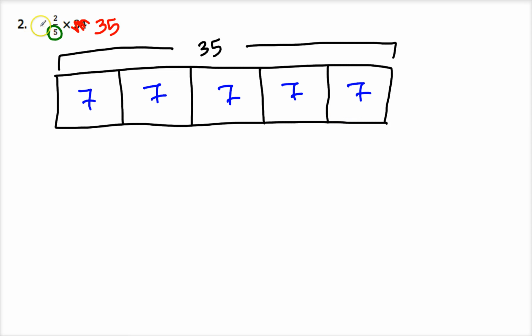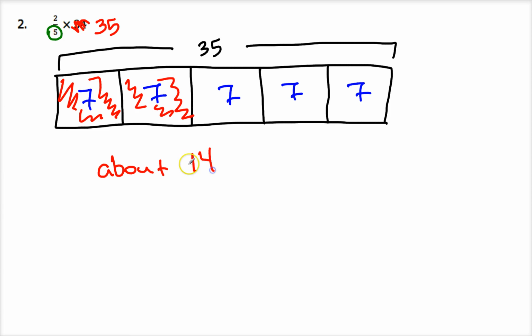And now, my fraction here was 2 fifths, so I'm taking 2 fifths of this bar, or 2 equal pieces. So there's one piece, and there's my second piece. So I have 7 plus 7 more, so my answer is 14. So 2 fifths times 34 is about 14.